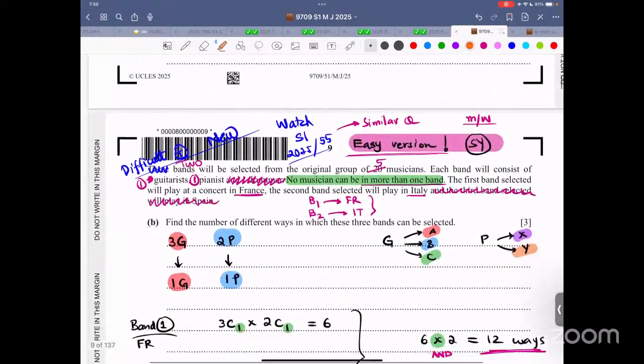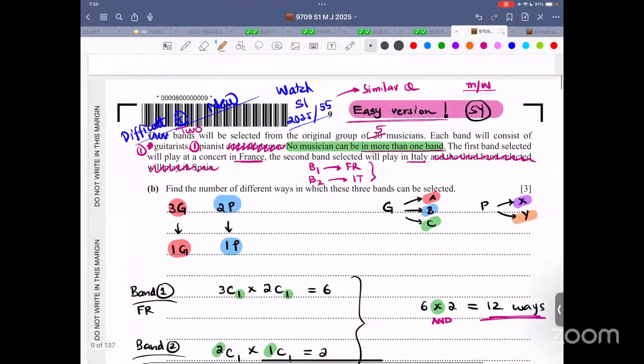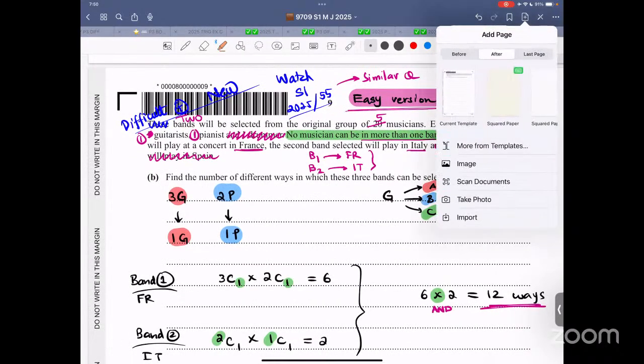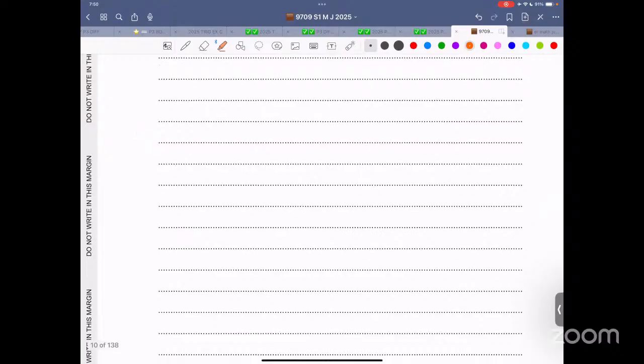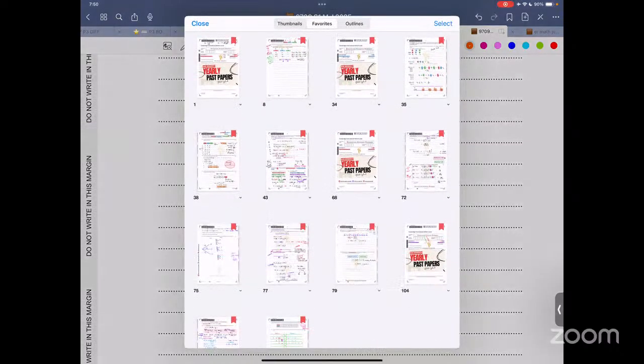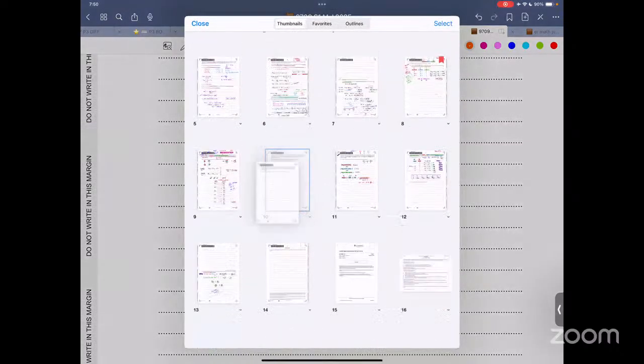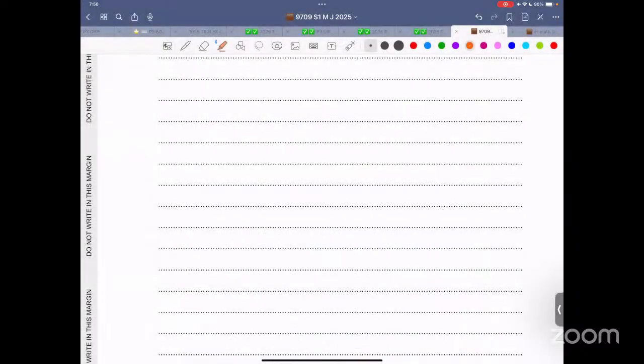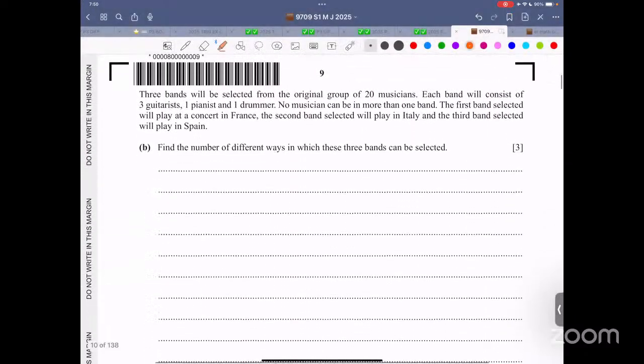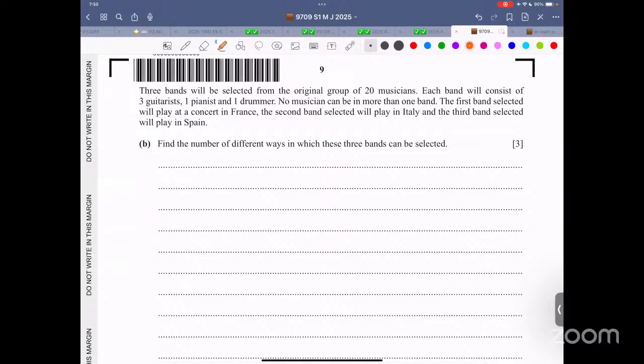So now over here, I have done this question. And let me first show you the blank page so that you can have a good look at it. And then I'll do an easy version and then the real question. So that is how much I'm focusing on this. Now it says the 3 bands will be selected from the original group of 20.